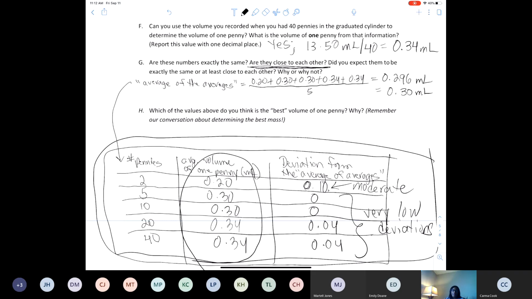So the way that you could answer question G would just be this data table would answer that entire question. Any other questions?